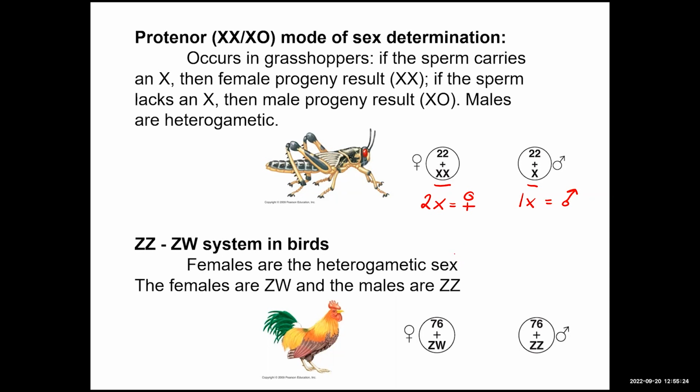In ZZ/ZW systems, like in birds, the female is the heterogametic sex and the male is the homogametic sex. Remember that hetero means different and gametic just means gametes.